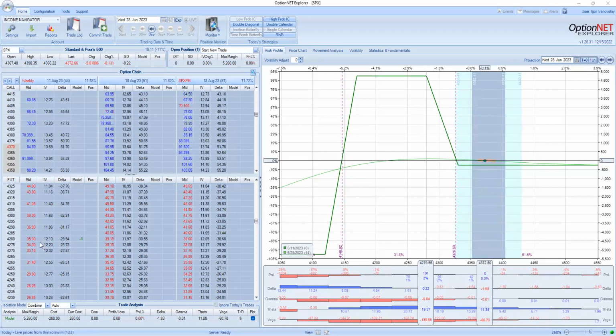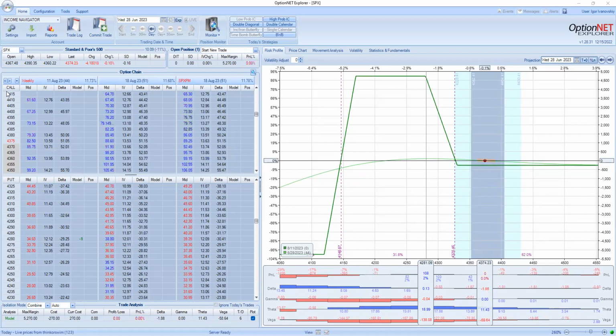XSP options have the same exact tax treatment as SPX options. Liquidity is decent. Pricing gets a little weird after market close. The bid-ask just gets wide, and you can see some options have zero bid. If you have a zero bid and a $5 ask, that makes your option's mid price $2.50.